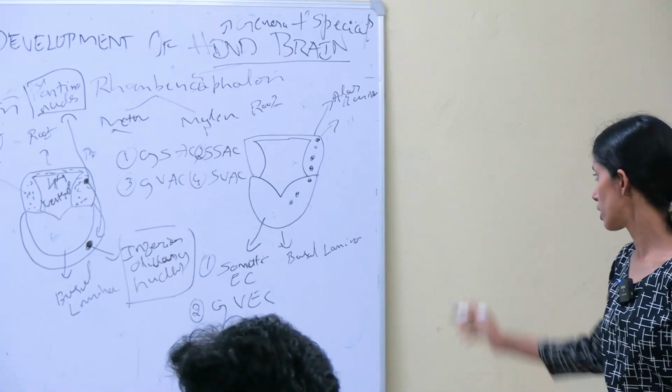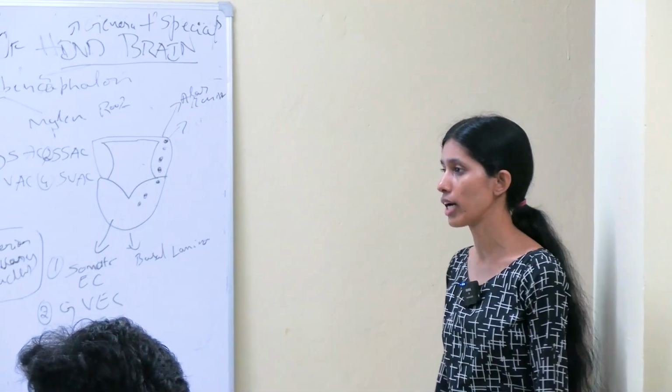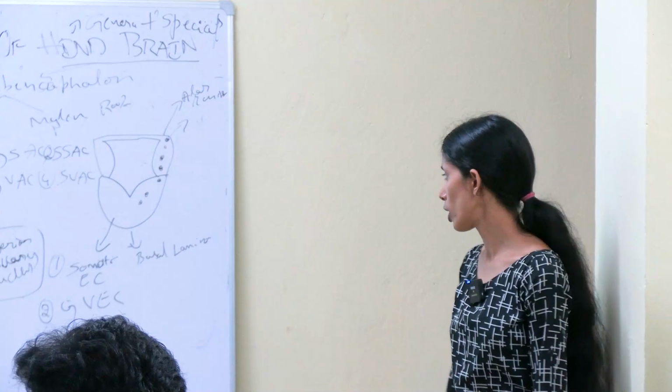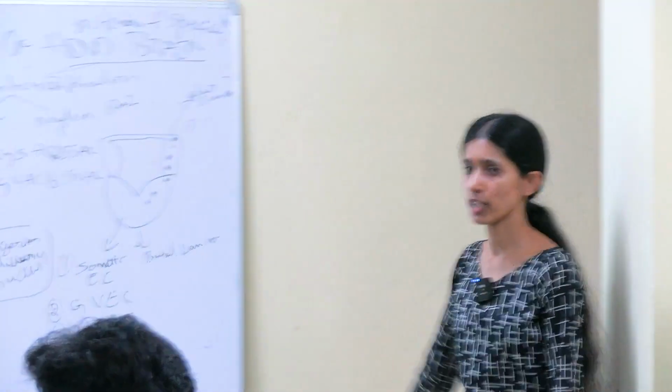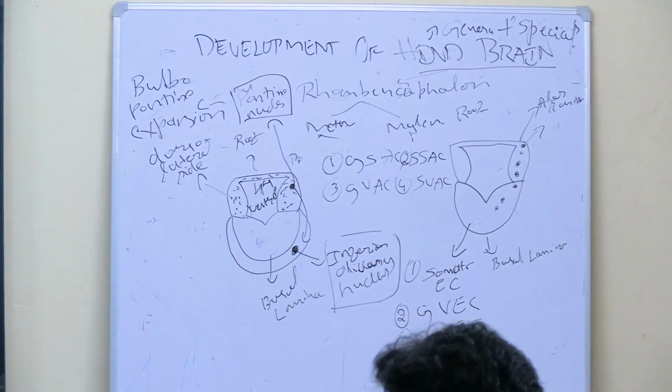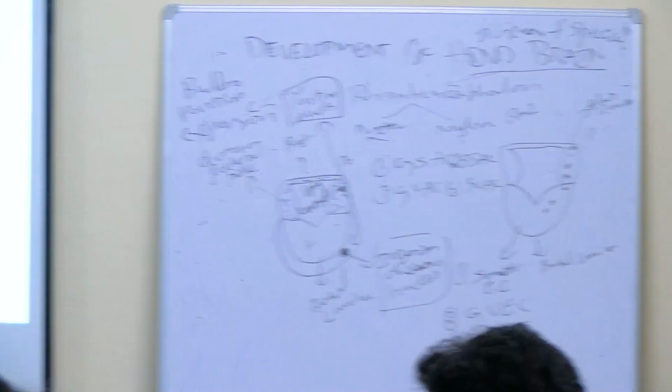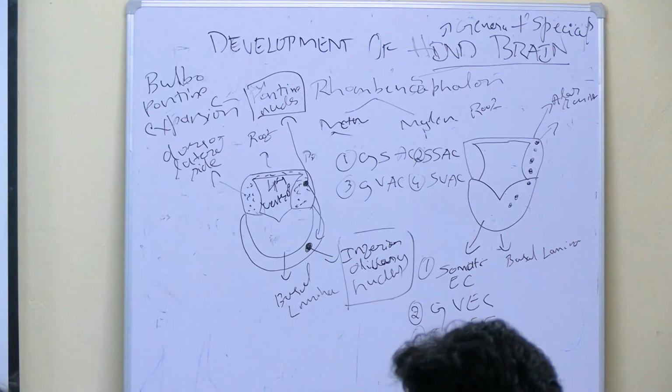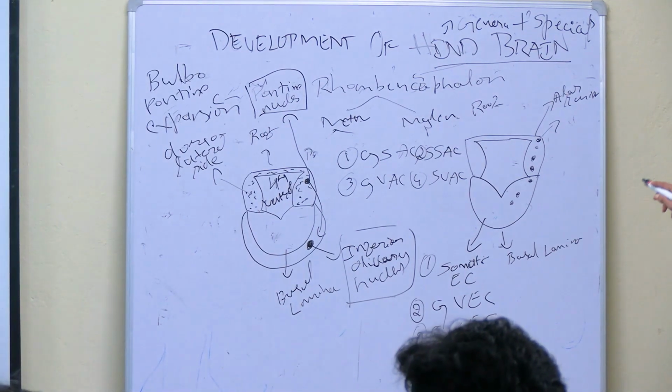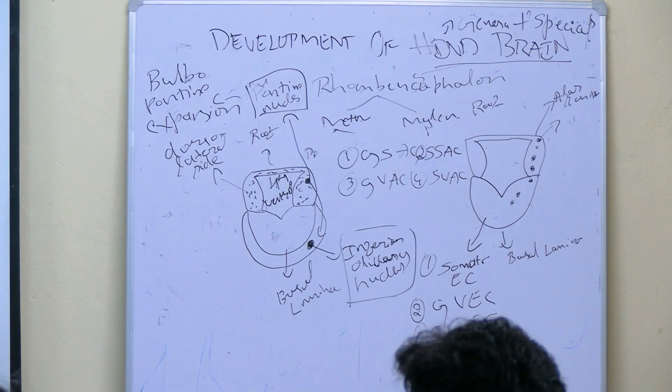The 3 we see in the basal lamina region are named as somatic afferent column, general visceral afferent column and special visceral afferent columns. And the 4 we see in the alar lamina are named as special and general somatic afferent column and special and general visceral afferent columns.